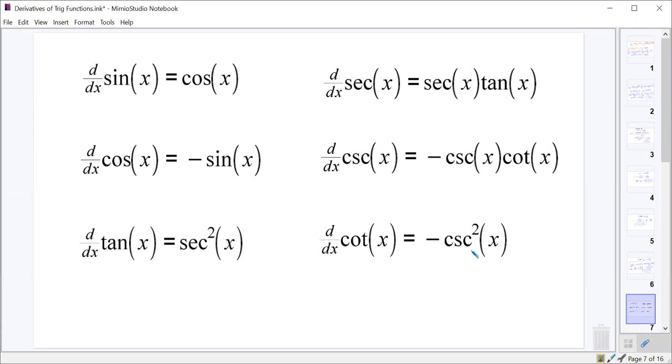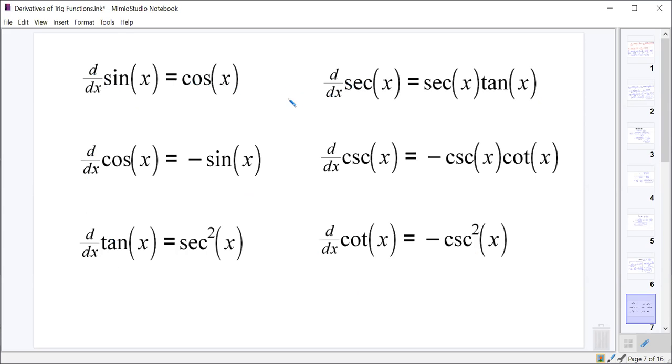We might note one thing: all of the regular trig functions, and when I say regular trig functions, I mean sine, tangent, and secant, all come out to be positive.